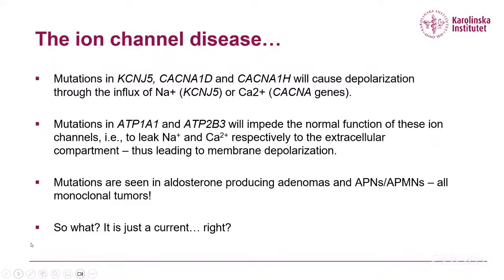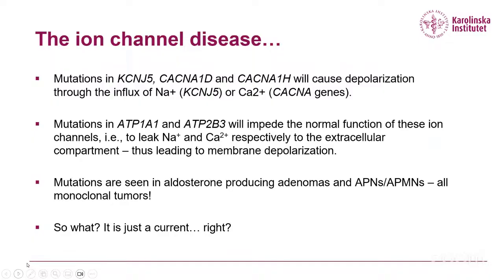There are also mutations in other types of channels that will impede the leakage of other types of cations into the extracellular space, which will cause depolarization that way. And they're all monoclonal tumors in this way, even the small aldosterone-producing nodules that I showed you earlier.